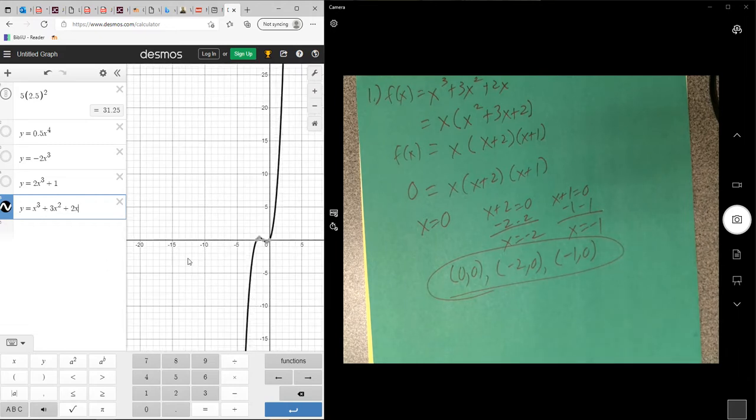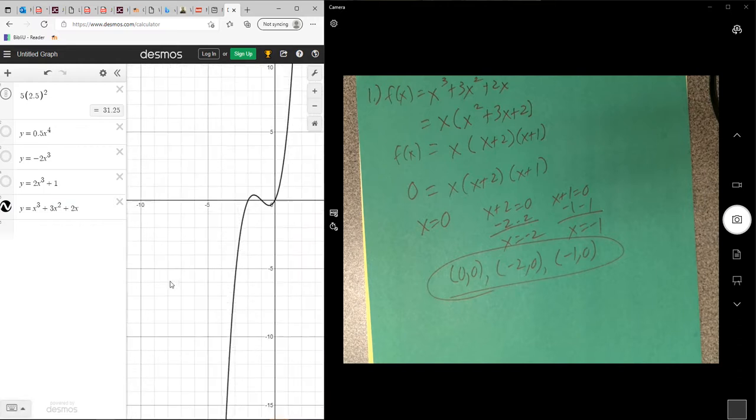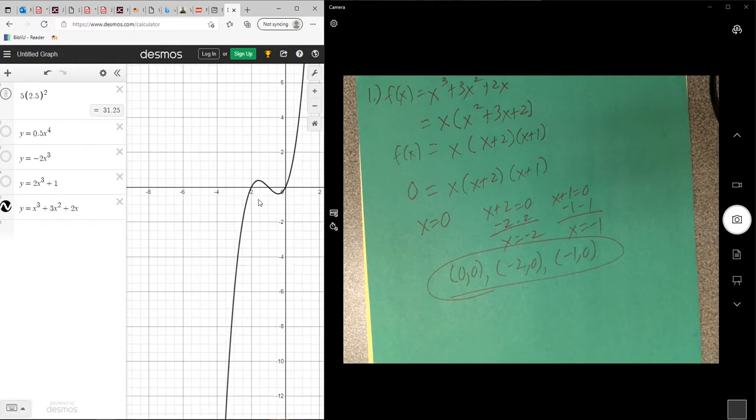Okay, now we're looking here to see where the graph hits the x-axis. So we can go here, negative 2, 0, negative 1, 0, and then 0, 0, which is the same as what we have here. Okay, so we did problem number 1.